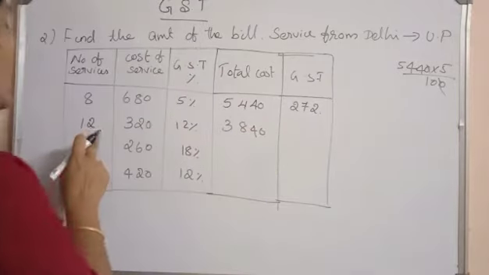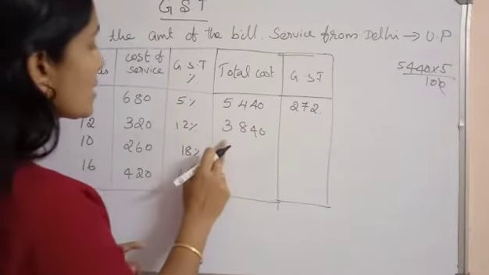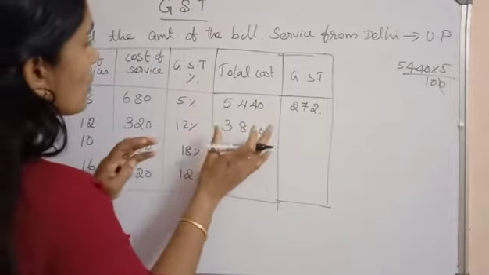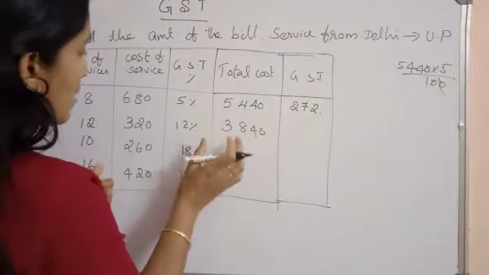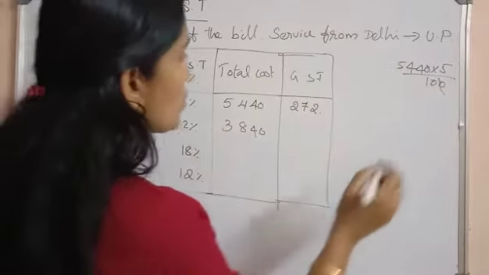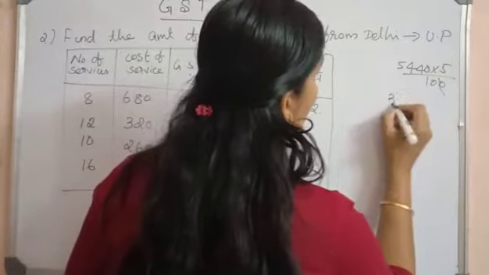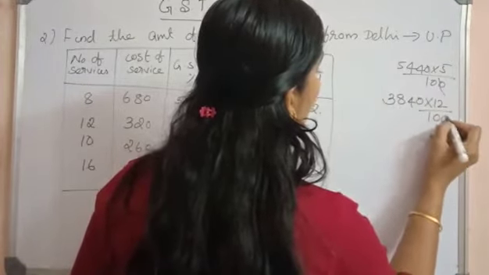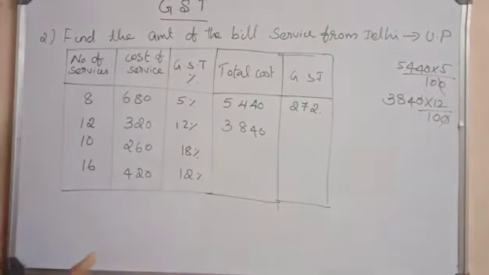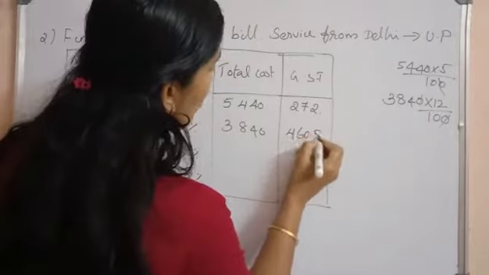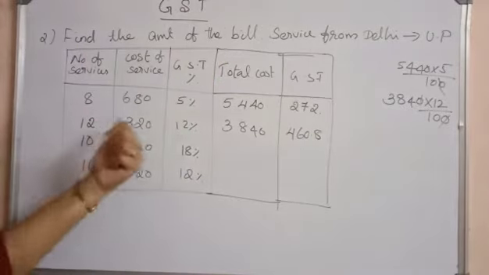And we need to calculate the tax for this particular service, and that is 12% of 3840. So 12% of 3840 is 3840 into 12 by 100. When you simplify this, you will get the tax as 460.8. 460.8 is the GST for that particular service.